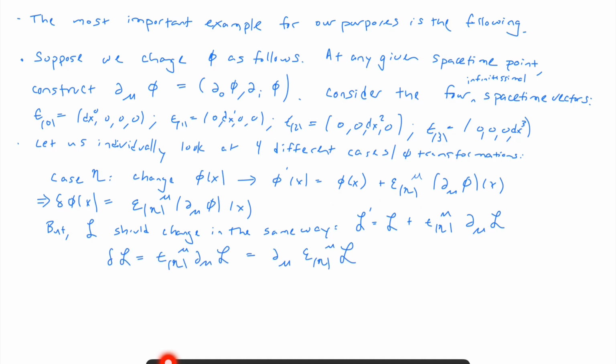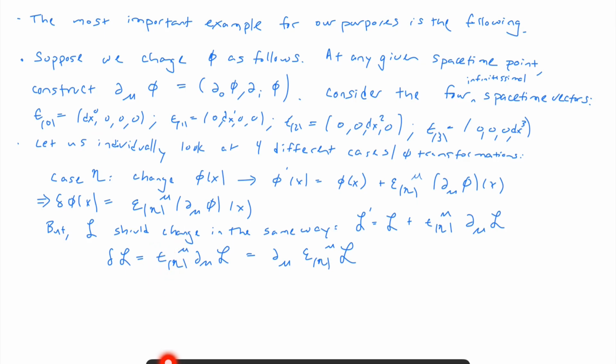So the change in the Lagrangian, whenever we do this type of transformation, is going to be this part over here, which is what this says: delta of L is equal to epsilon mu d mu of L. And we can change the order of these two, since this is constant, this is not changing.